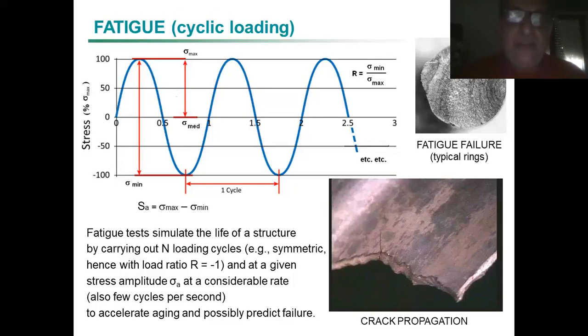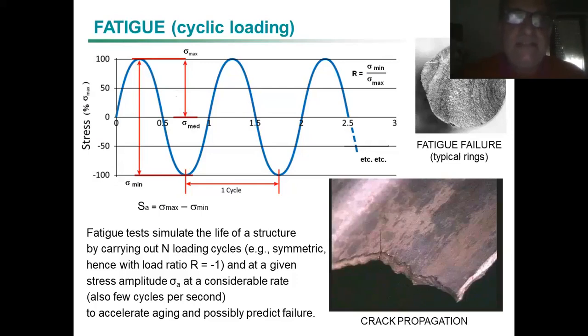Coming back to your example with your bicycle chain or your bicycle wheel, you may consider that the wheel can be subjected to tensile and compressive stresses due to the impact on the road surface for millions of times.